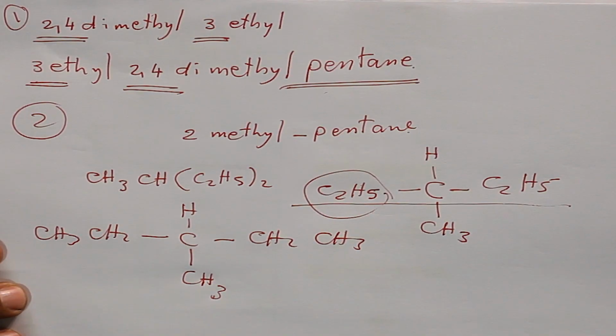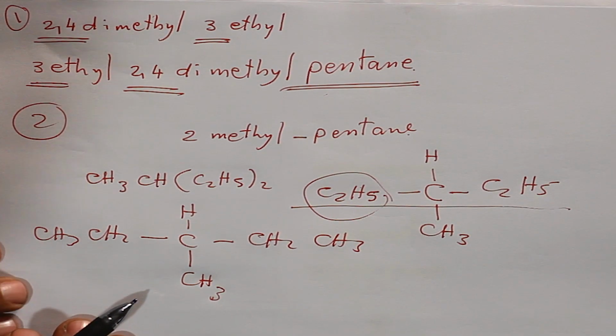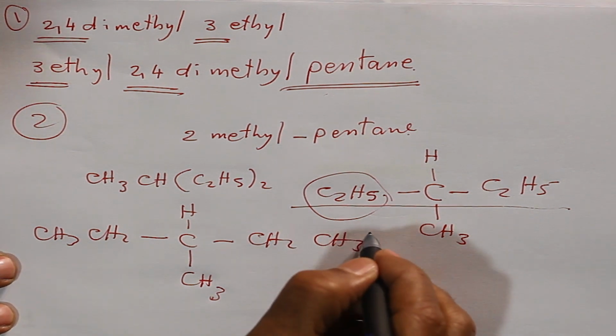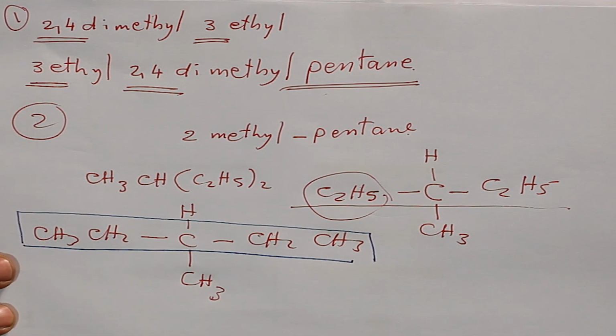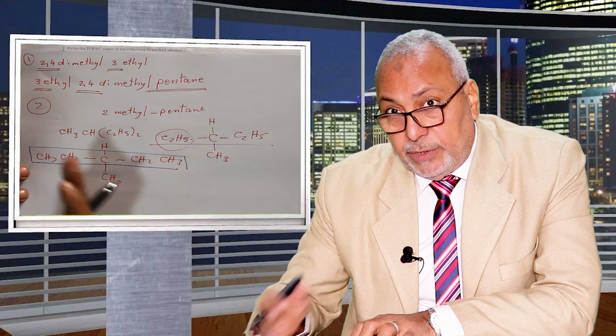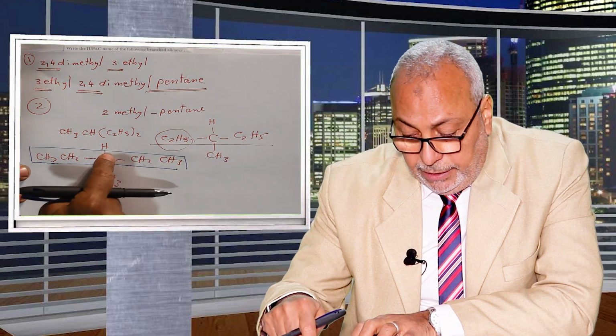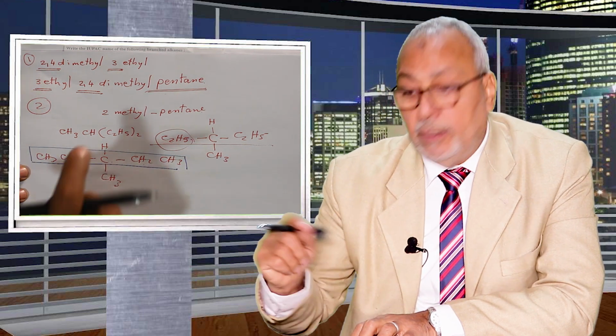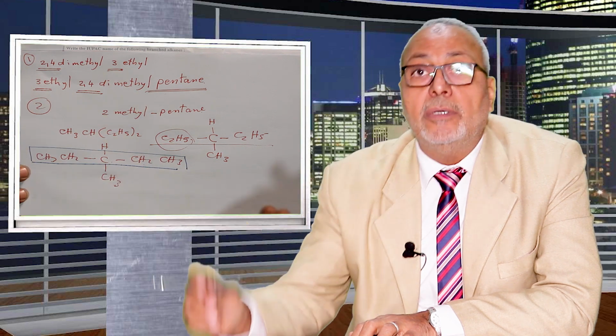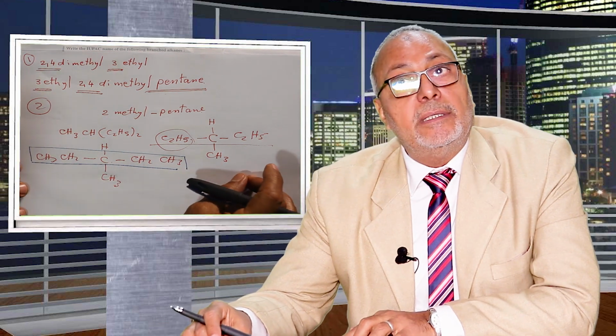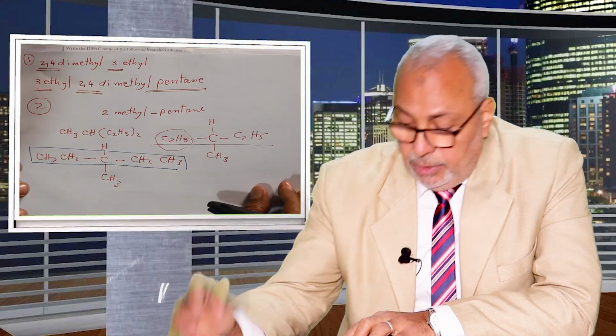To write the nomenclature for this compound, we will choose the longest continuous chain. Numbering from the nearest end to the branch. 1, 2, 3, 1, 2, 3. As same. So you can choose each one you love.